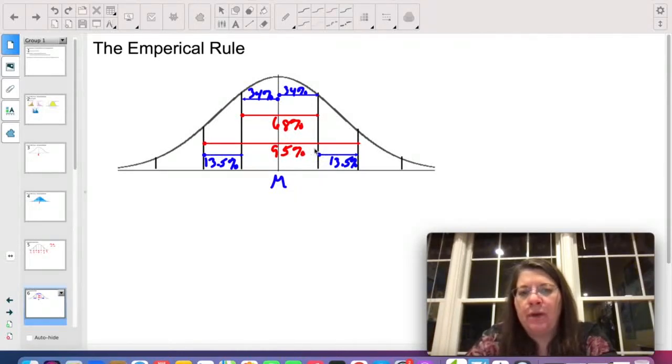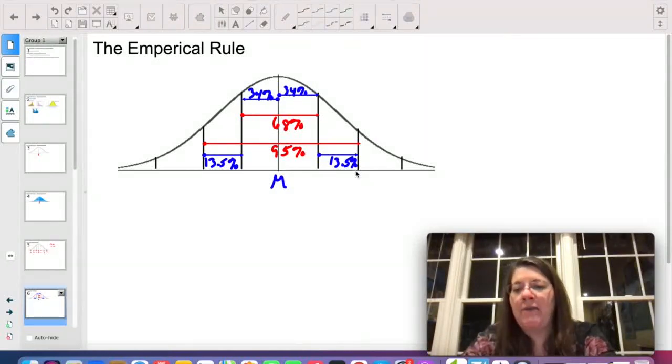Now, if we just separate these individual sections into what percentages they are, each of these from 0 to 1, and from 0 to -1, each of those is 34% of the data. This one is 13.5% of the data, and this one is 13.5% of the data. So altogether, the 13.5 plus 34 plus 34 plus 13.5 is 95%.